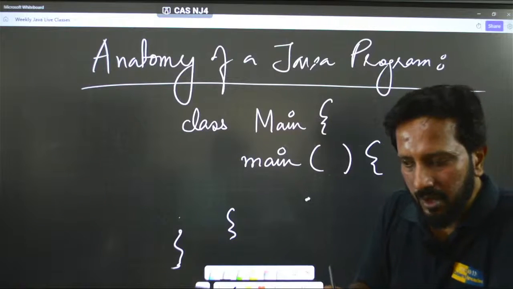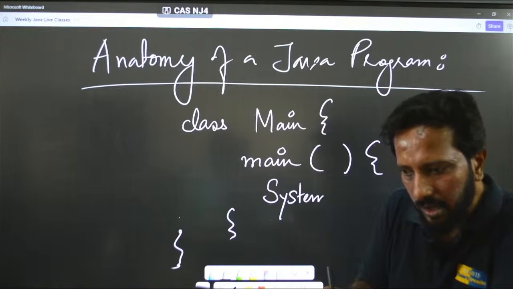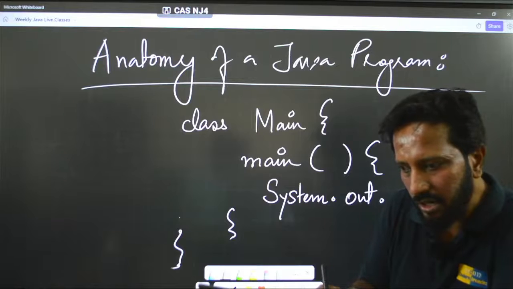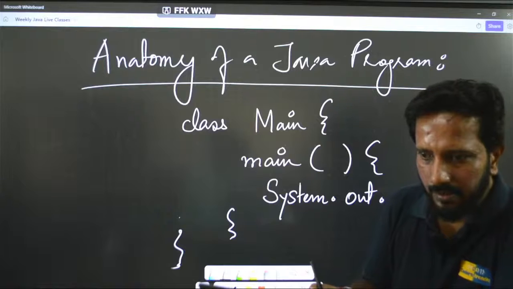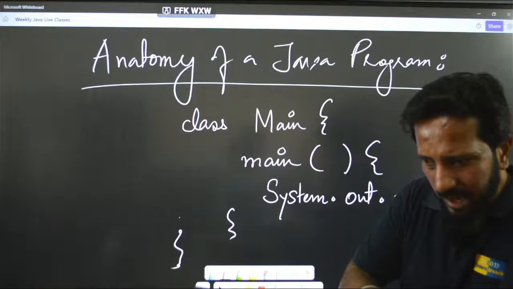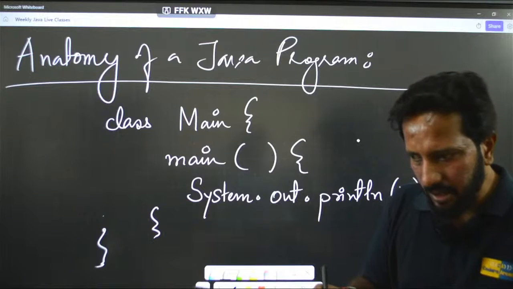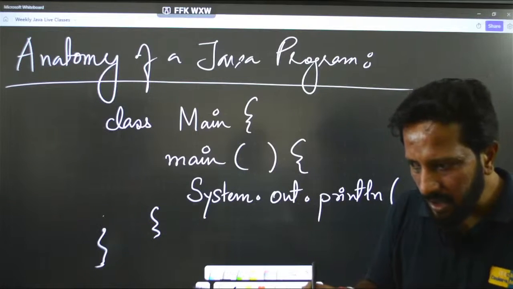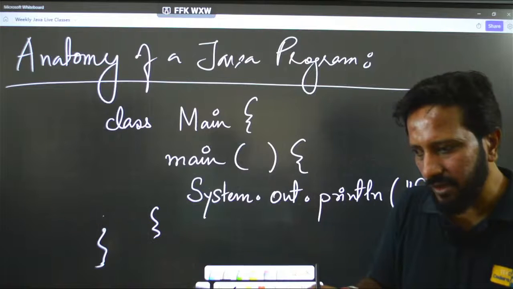Here System is also a class, System.out.println, and then we write our statements here, whatever we write. Clear? Let me just drag it a little bit this side. Fine, so now here we write our data, say coders, or say I write my name Saurabh.